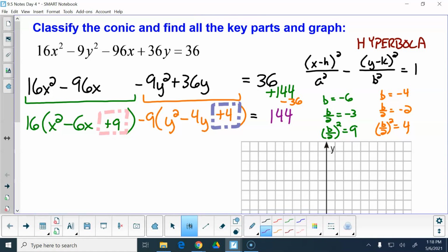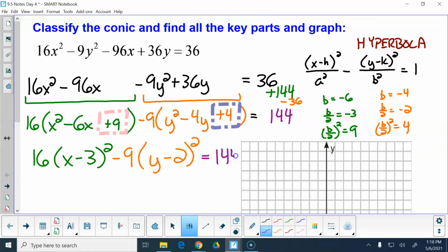Okay? So green parentheses becomes 16 times x minus 3 quantity squared. Orange parentheses become minus 9 times the quantity y minus 2 quantity squared. And that's going to equal 144. Hyperbolas are set equal to 1 from my general equation.